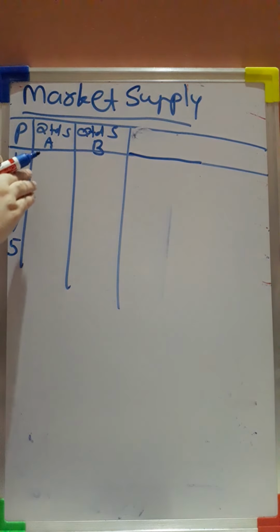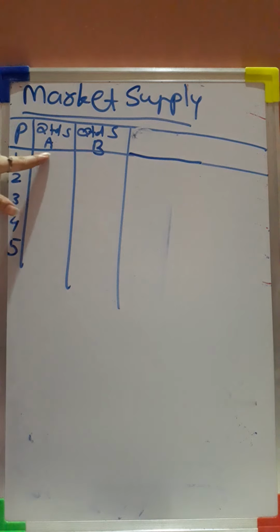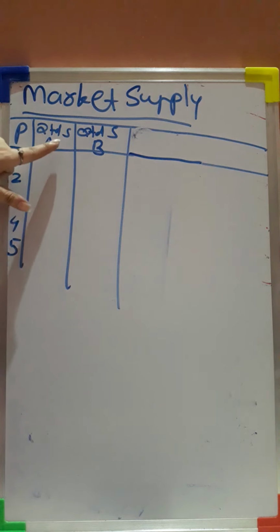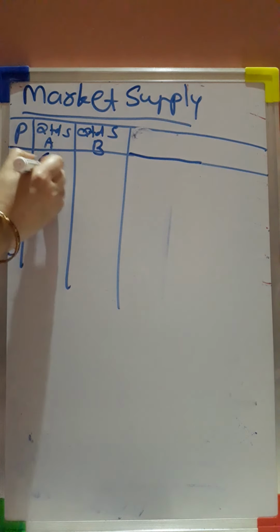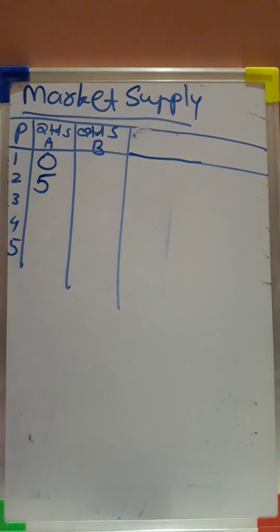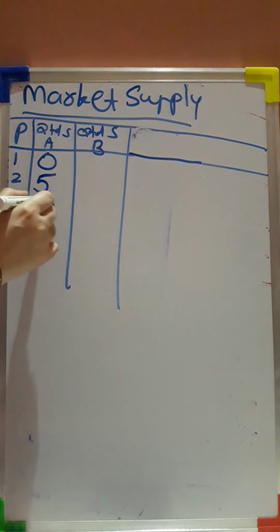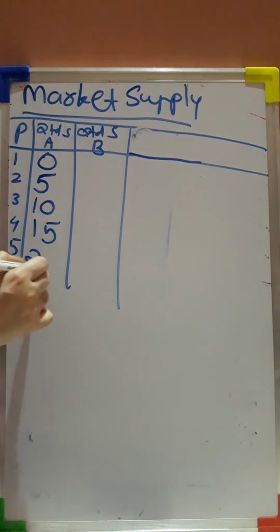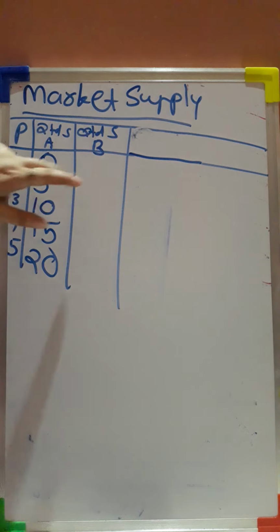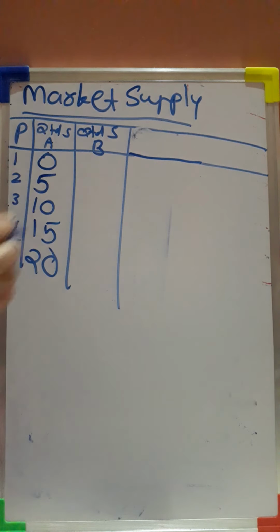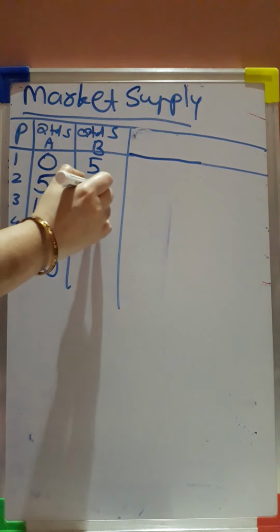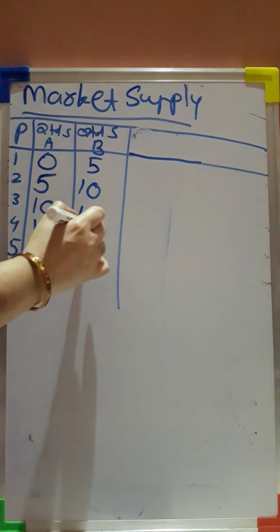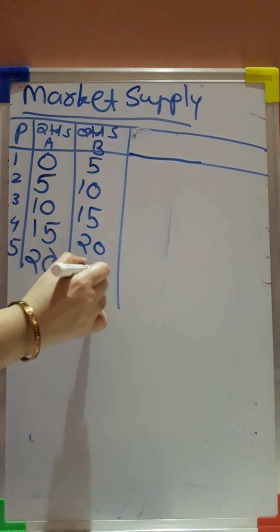So here suppose the prices are 1, 2, 3, 4, 5 and at a particular price each and every producer will supply a different quantity. So suppose producer A will supply 0, 5, 10, 15 and 20 at different prices. Then producer B will supply 5, 10, 15, 20 and 25.